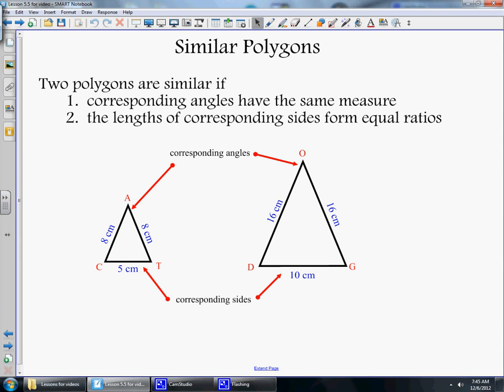So two polygons are similar if two things are true. One, they're similar if corresponding angles have the same measure. What that means is, corresponding angles are angles that would be in the same position if you took the two shapes and put them on top of each other. So for example, angle C and angle D are corresponding angles.